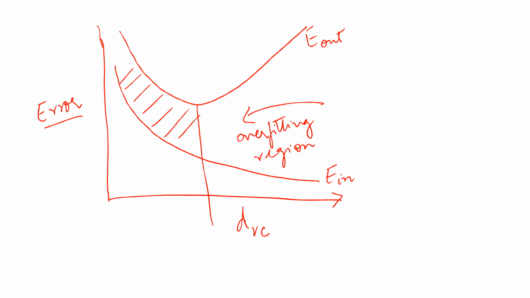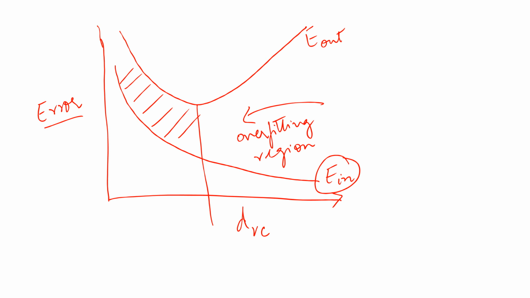I'm selecting my hypotheses in such a way that I'm focusing only on getting my E in as small as possible, and that is making the binding relationship between E in and E out go loose. And so I'm lying in this overfitting region. So this is what conceptually we are looking at.